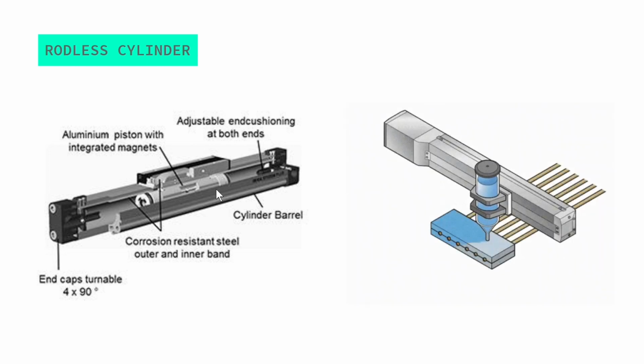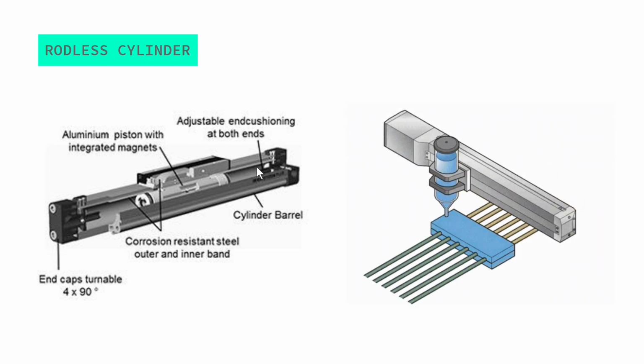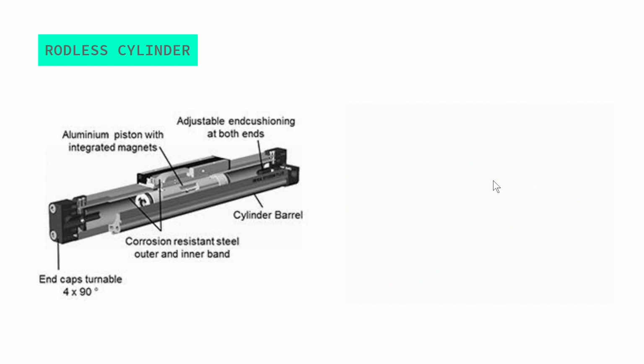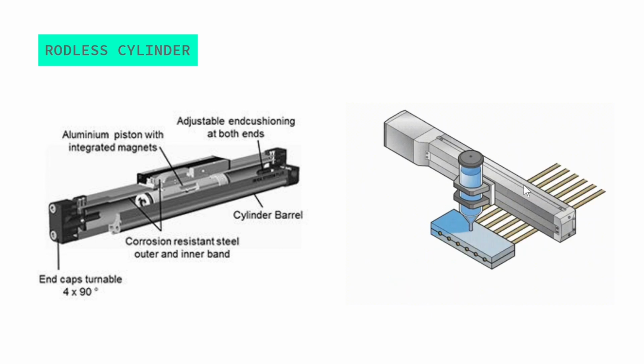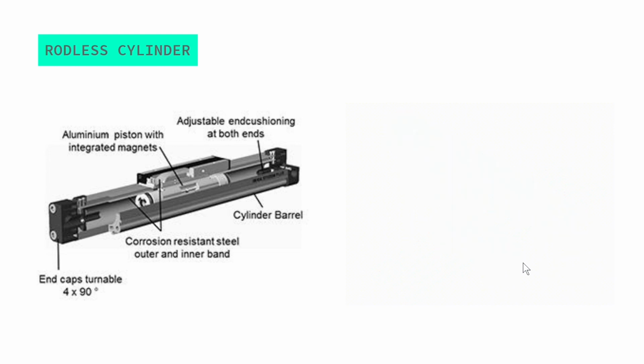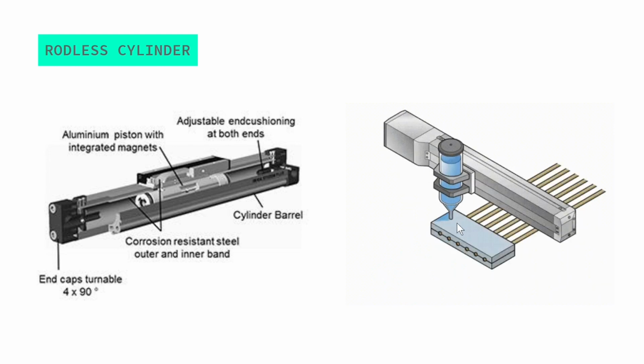The working of pneumatic rodless cylinders looks like this. This is the cylinder. We have a piston inside it, and this is the slide bar. And we can use it for moving this piece of metal.